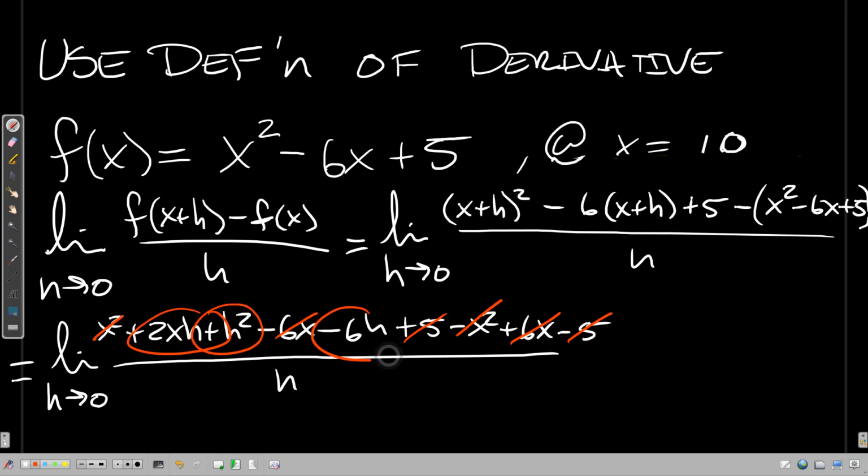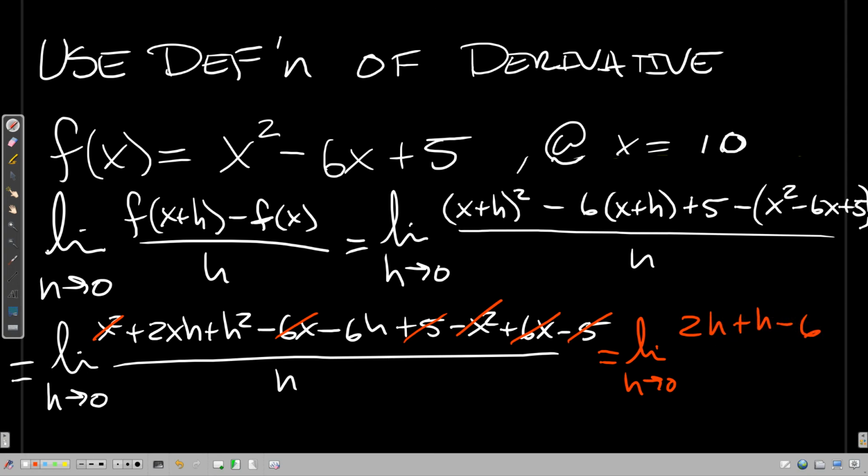Now each remaining term has an h. I factor the h out and cancel it. So I'd have the limit as h goes to 0 of 2x plus h minus 6. I'm sorry, I meant to say 2x, not 2h, because I'm canceling an h there, an h there, an h there, and an h there.